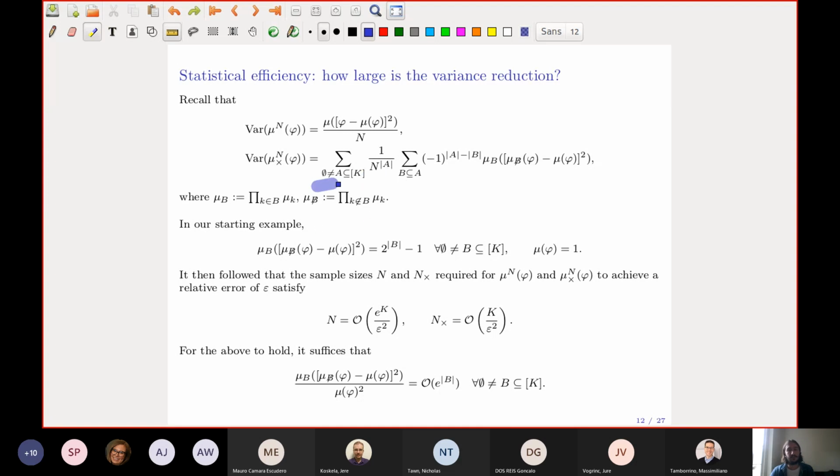That keeps the variance in check here, while the other one just grows exponentially, because this one is 2 to the k. And that's what we got from before. Basically, that led to the number of samples you need for the IID estimator growing exponentially with k, and for the product form estimator growing linearly with k.